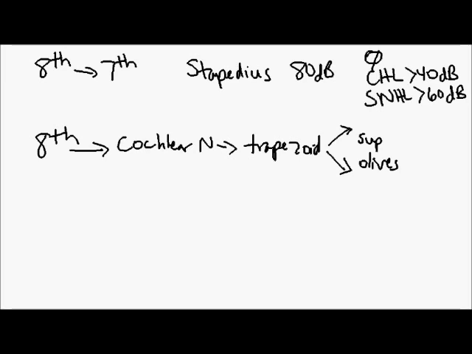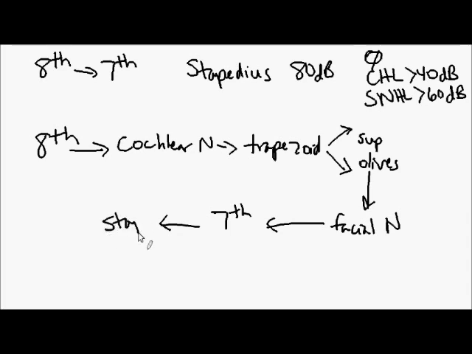From the superior olive, the signal travels to the facial nucleus, then out to the facial nerve, and finally out the stapedius, again on each side. A missing acoustic reflex may indicate a tumor or lesion along this pathway.